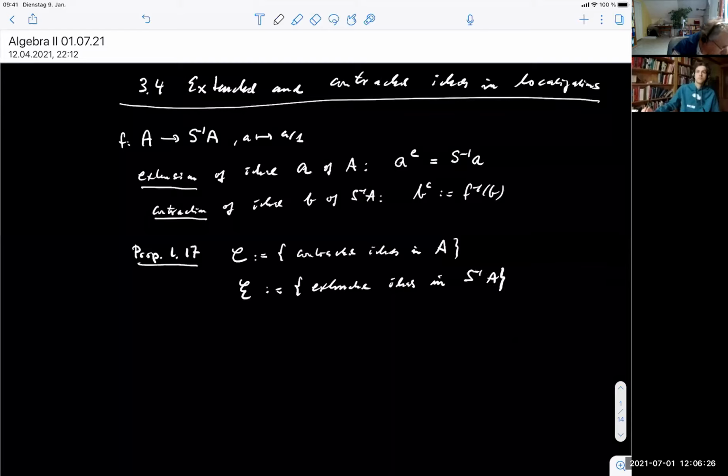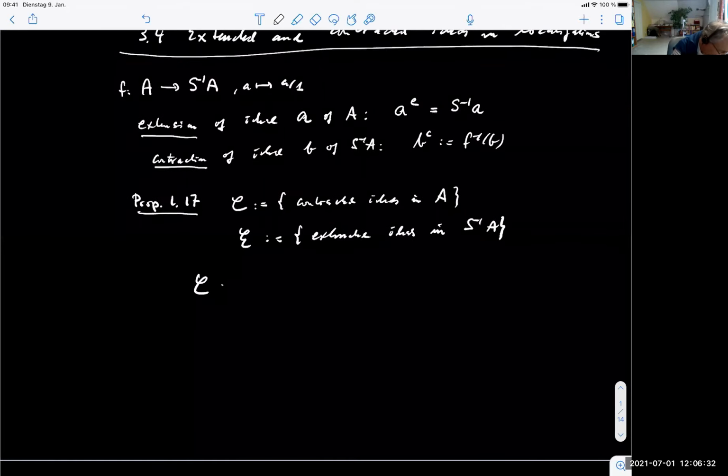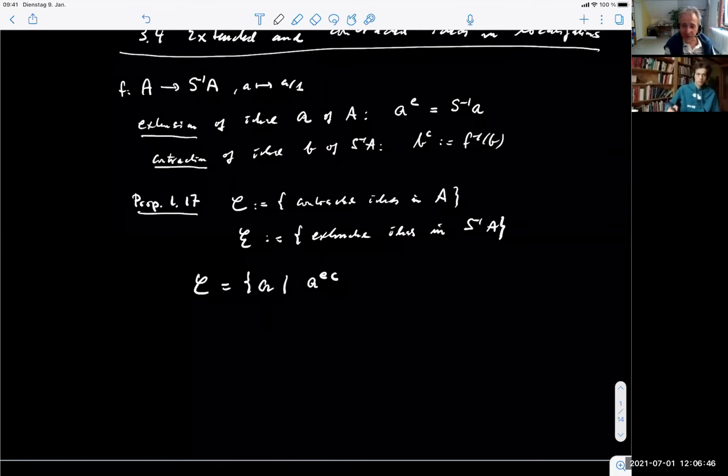And then we had the following description. The contracted ideals are those with the following property: you take an ideal a, you extend it, and then you contract it. First I extend it, and then I contract it.